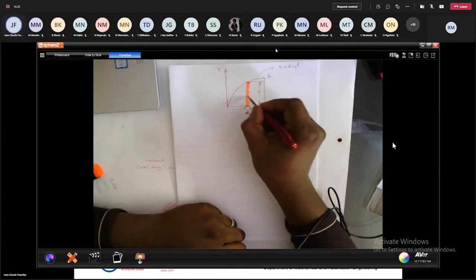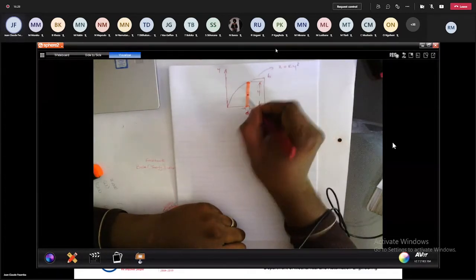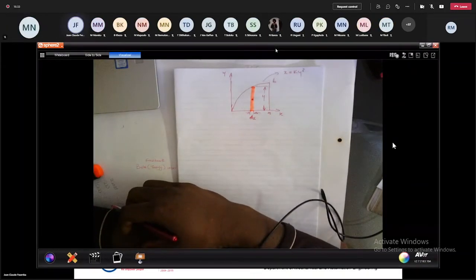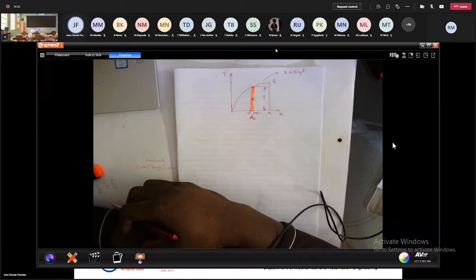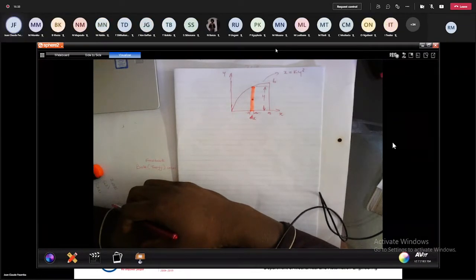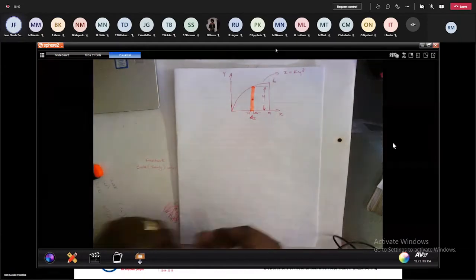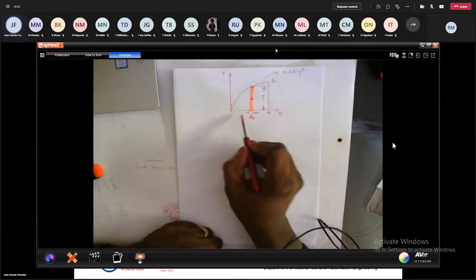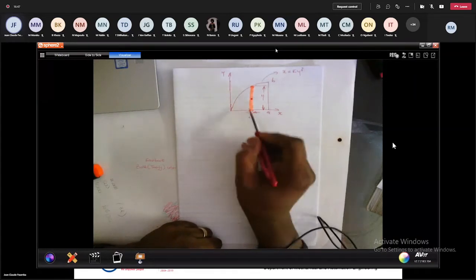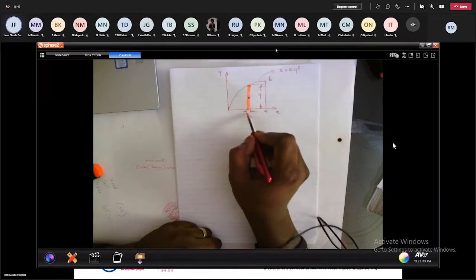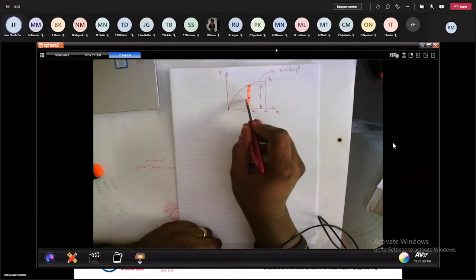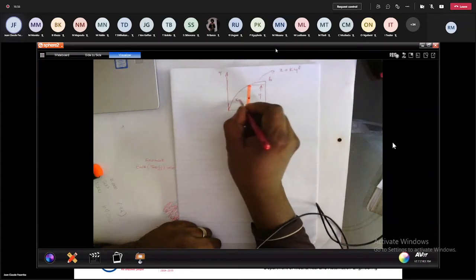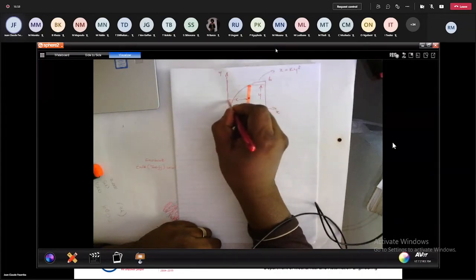My differential area has its own centroid, right? So now let me define those perpendicular distances. By definition, my x perpendicular distance is the distance from the centroid of my stripe up to the y-axis.